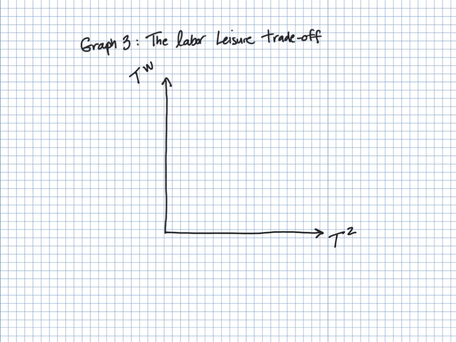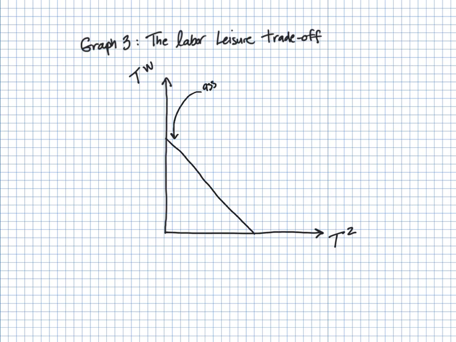If we spend more time working, that means we have less time for leisure and vice versa. So let's say that when we were in possession of health capital H star 1 from the previous graphs, we can draw a downward sloping relationship between TW and TZ that looks like this.